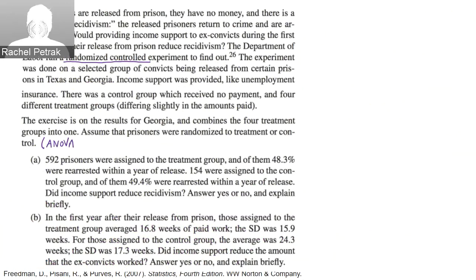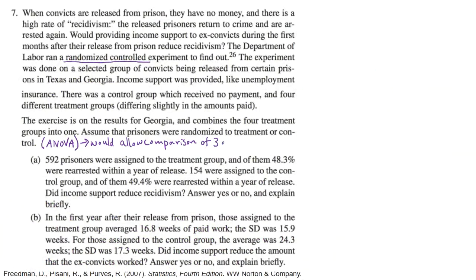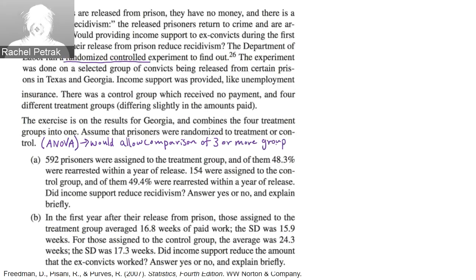I'm just telling you this so that when you're out in the world, because you will encounter ANOVAs, you realize that would allow comparison of 3 or more group means, independent groups, although there is a related groups test too. We aren't really talking about related group tests in this.